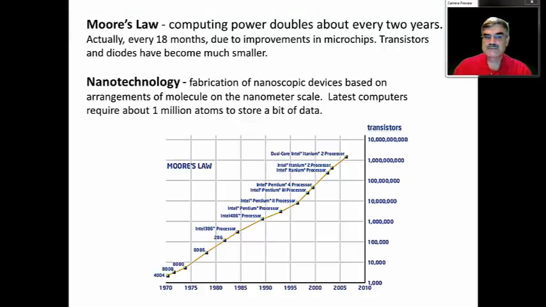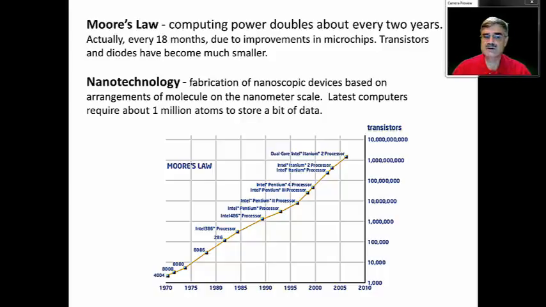Actually, it's been doubling about every 18 months since about 1970 on, due to improvements in microchips, and transistors and diodes have become ever and ever smaller. And they become smaller due to a field that we call nanotechnology, which is the fabrication of nanoscopic, extremely small devices based on the arrangements of molecules on the nanoscopic scale, the nanometer scale.